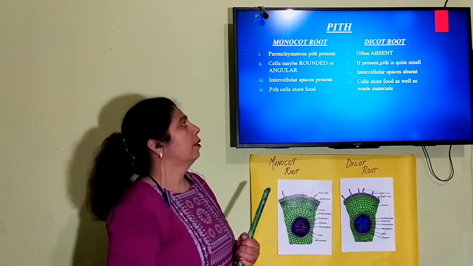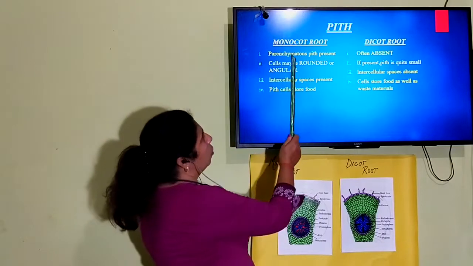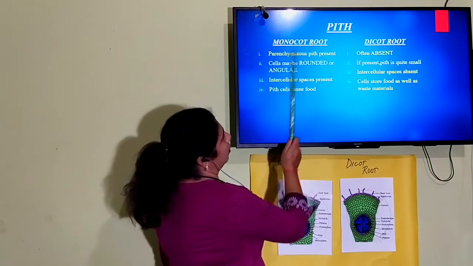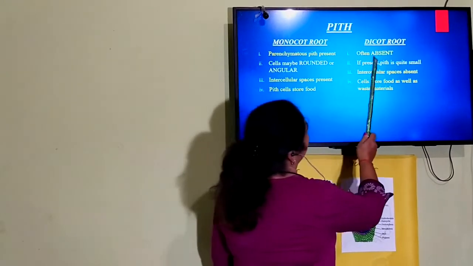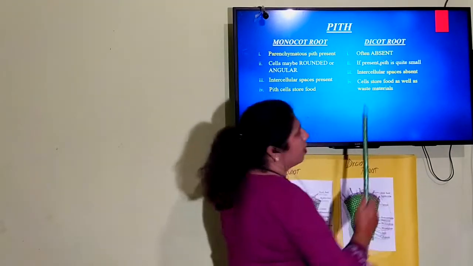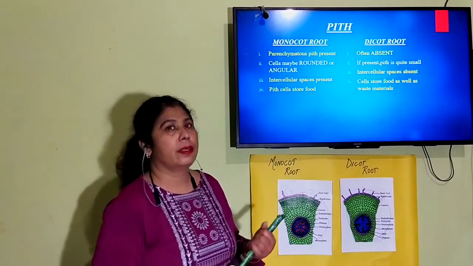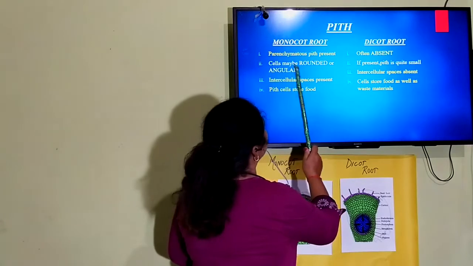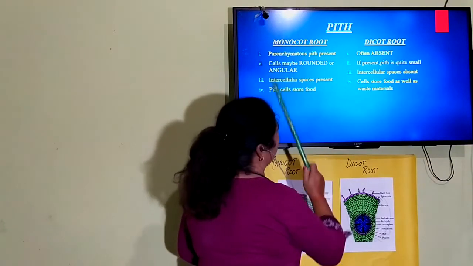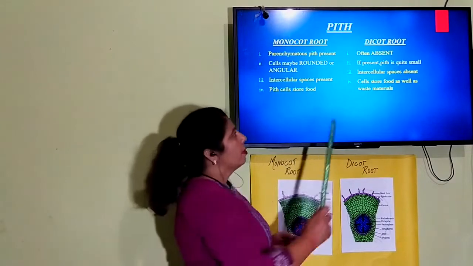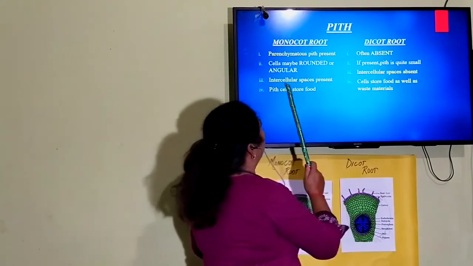Differences in the pith. Monocot root bears parenchymatous pith. Here in dicots, pith is often absent or very small in size. It's not conspicuous. Cells may be rounded or angular. If present, pith is quite small.